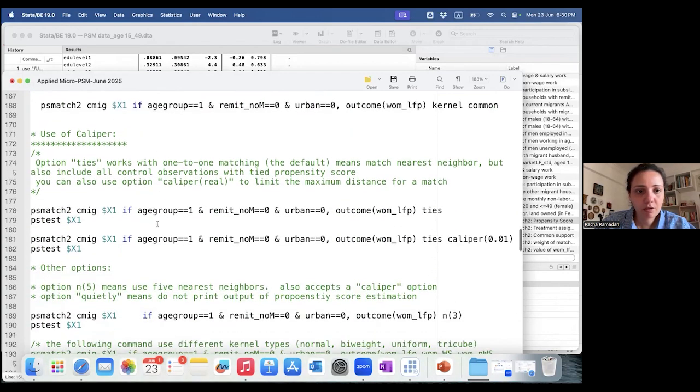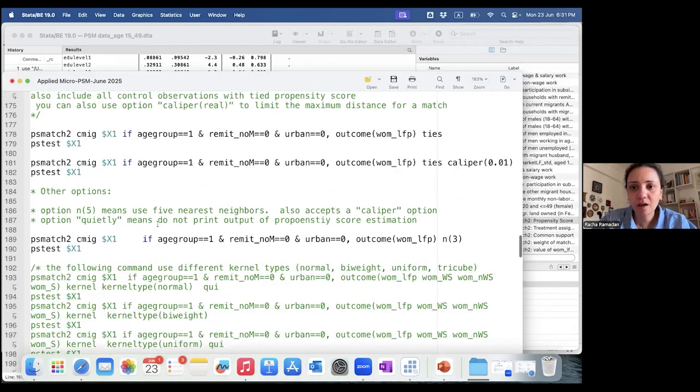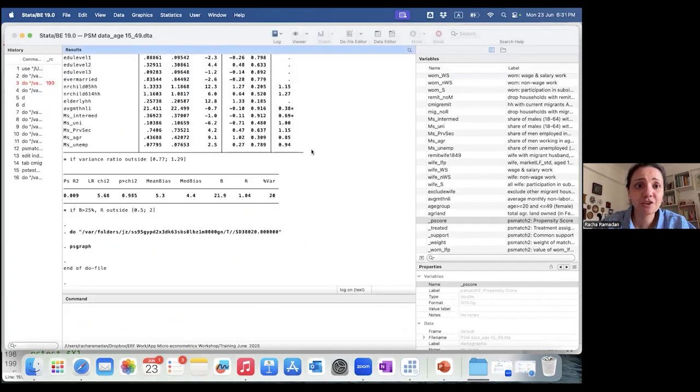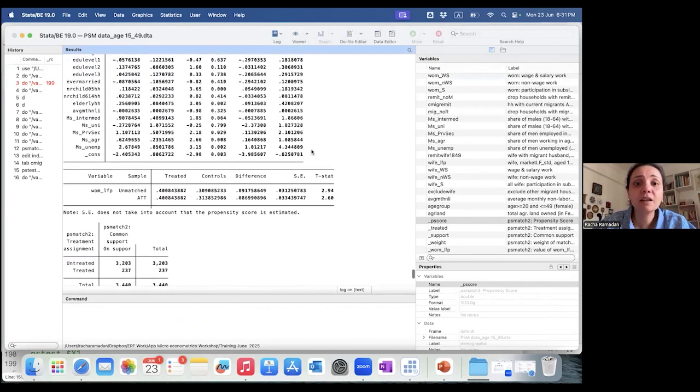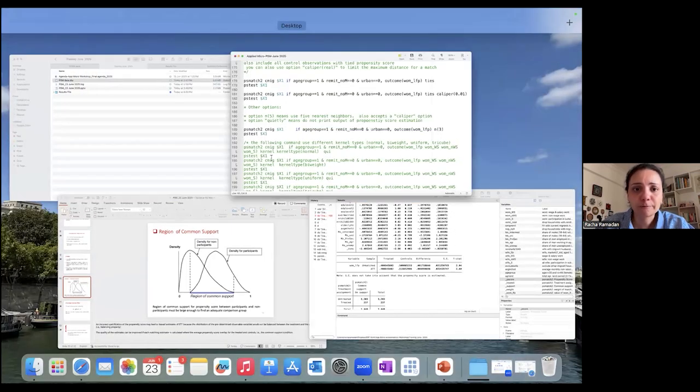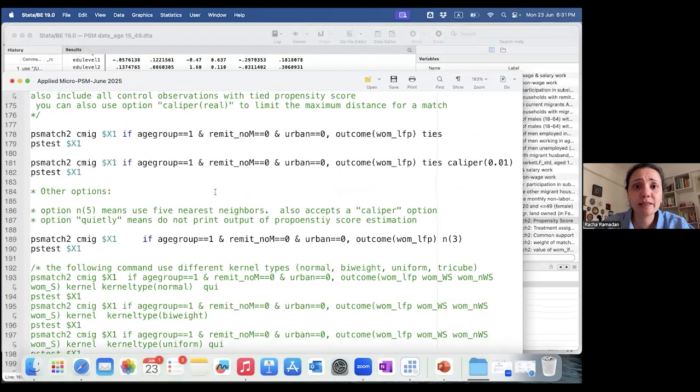Okay, let's take another example here. Keep in mind that our conclusion from the average treatment effect on the treated was that having a current migrant has a positive significant impact on female labor force participation. Women will participate more in the labor market if they have a migrant in the household. Here we are using the kernel matching method.